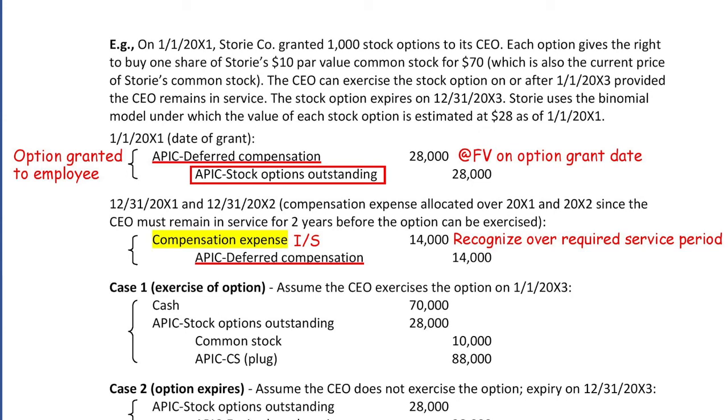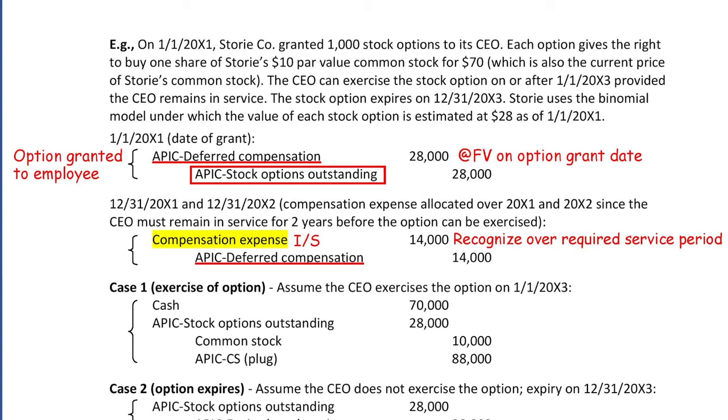Now, in the first journal entry where the option was granted to employee, we also had APIC stock options outstanding. Now, that is reversed off when either the employee exercises the option or the options expire. So, let's look at the journal entry if the employee exercises the option.